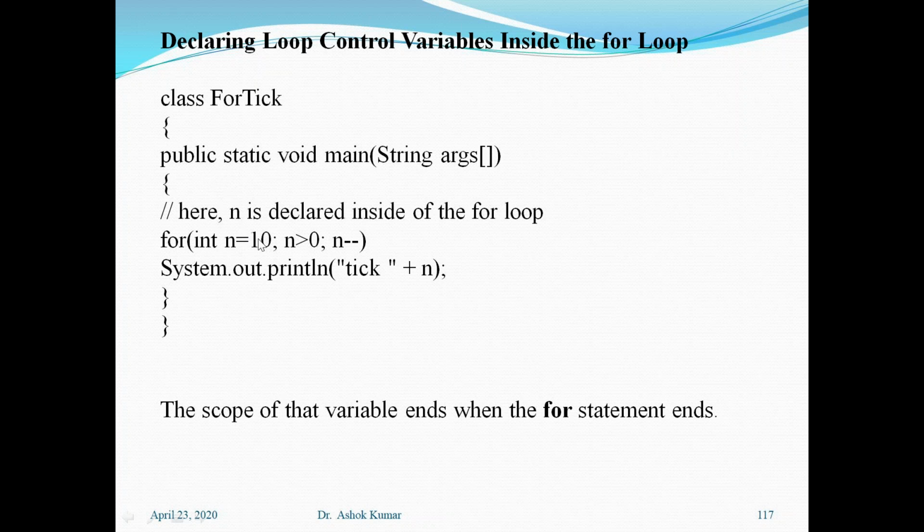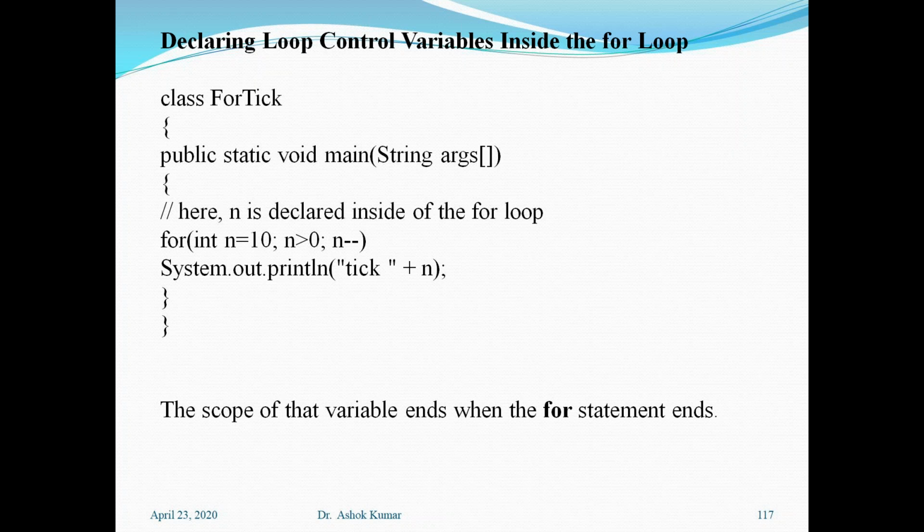There is one change: we have declared the variable within the for loop itself. This is quite possible. Generally, we declare the variable in the beginning of the main method, but that is not mandatory. You can declare a variable anywhere. We will discuss that in the coming lectures as well.